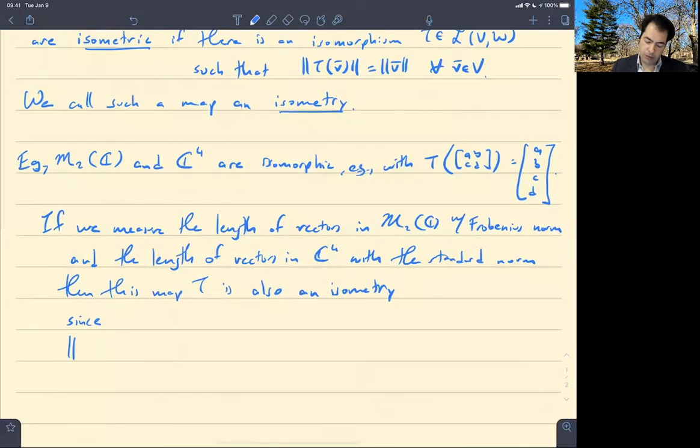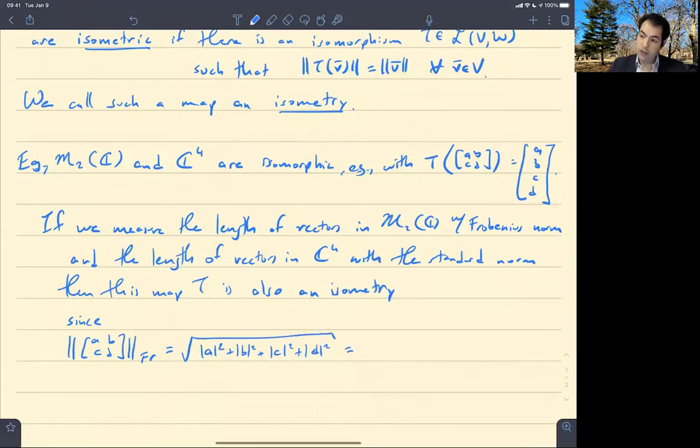Since the Frobenius norm of the matrix A, B, C, D is equal to the square root of modulus A squared plus modulus B squared plus modulus C squared plus modulus D squared.